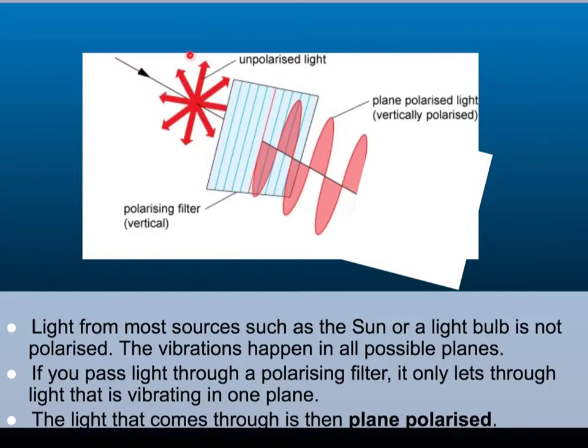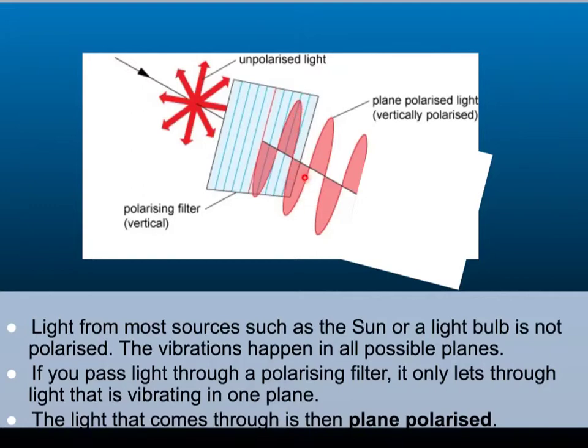So in the diagram, we've got unpolarized light, with vibrations in all possible directions. If we put a filter in front of that, because the filter is made of slits running vertically, it only allows the vertical vibrations to pass through.